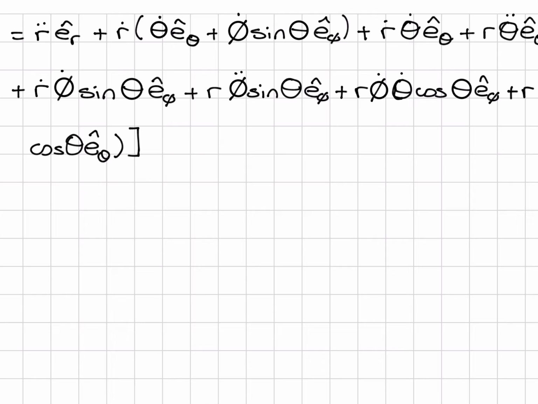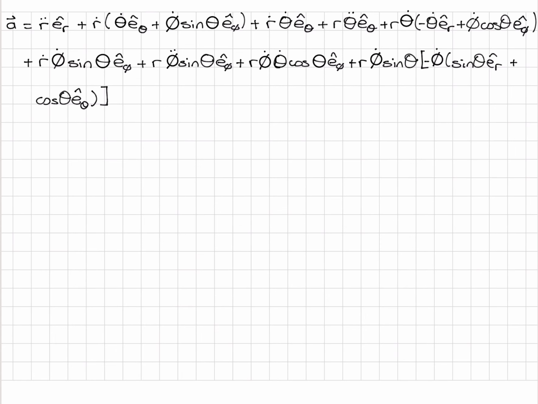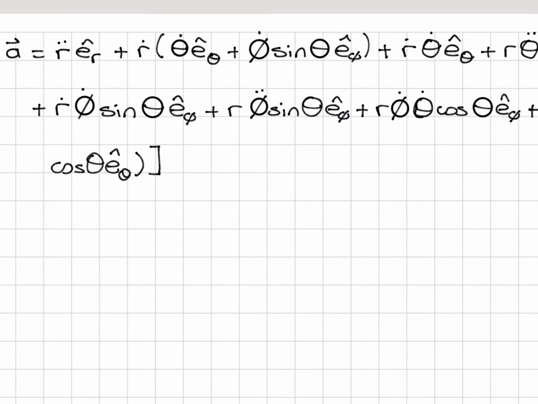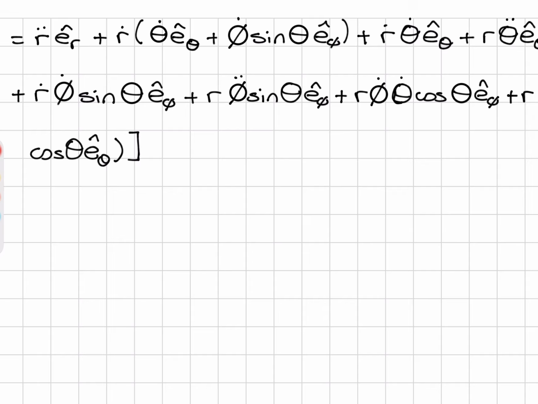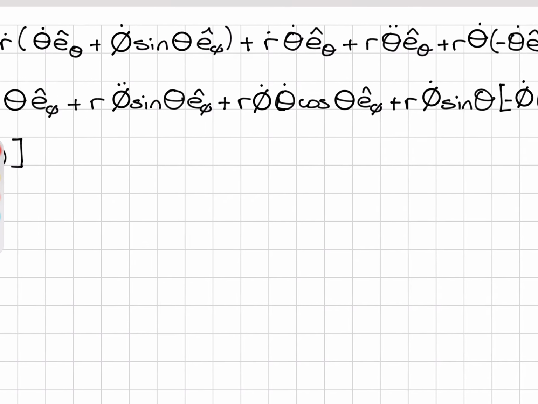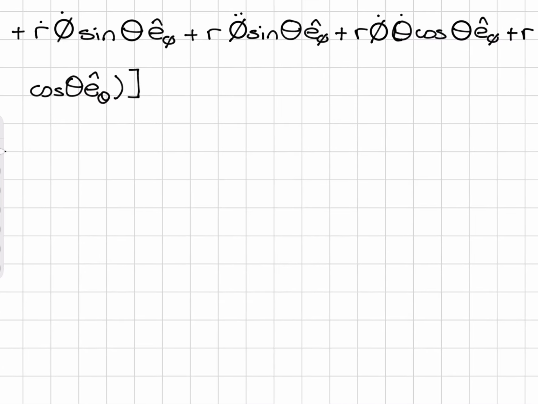All right. So now we can write, because we have everything written in terms of the basis vectors, there are no derivatives of the basis vectors remaining here. We can write our final answer by collecting all the terms that belong to e r hat.